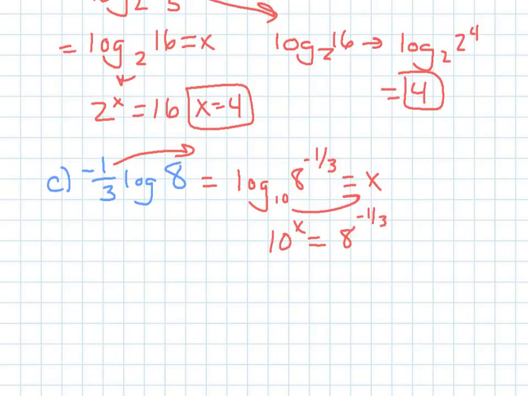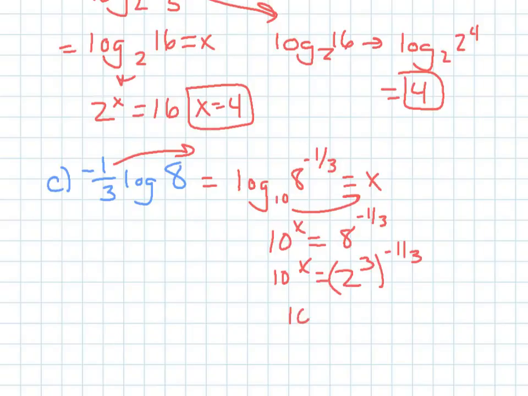Okay? Now, here, this one's a little bit harder. Let's define what this is a little bit more. Okay, so 8 I can rewrite as 2 cubed. And then I need to multiply that through, or take the power there.